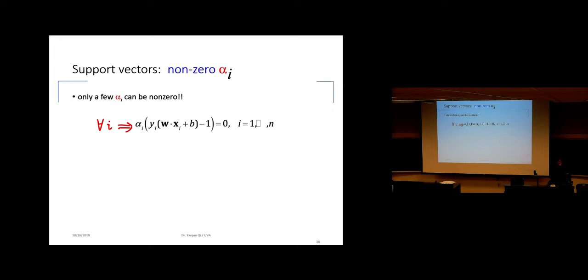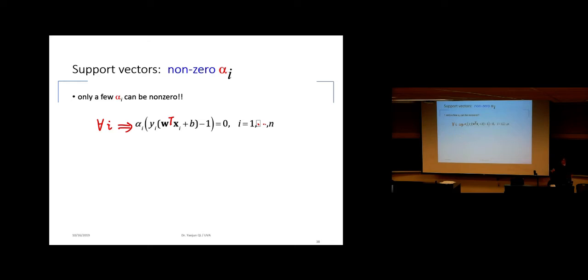So what does this mean? This just guarantees achieving the optimal point. For all the training points, alpha I times yi times this prediction function minus 1 needs to equal 0.